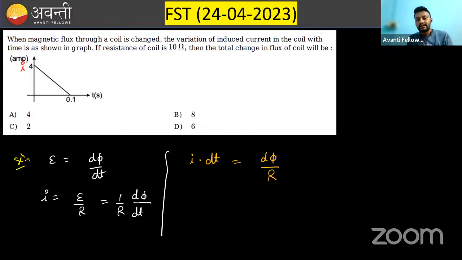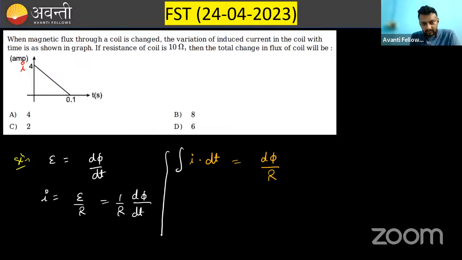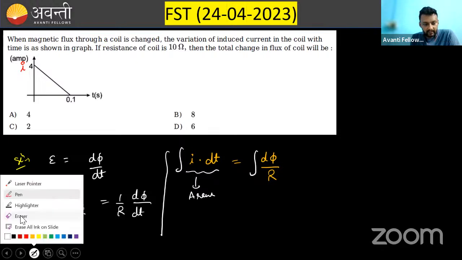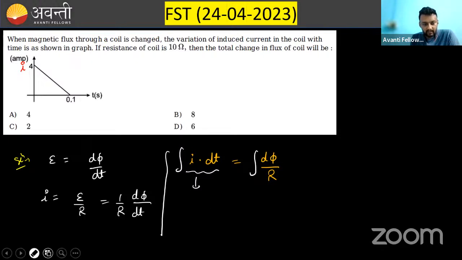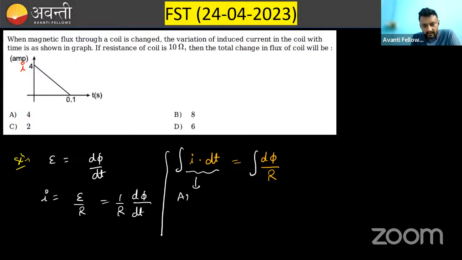So if I integrate these terms, this I dt integration is nothing but area. What I have written here is the area of the I versus t graph.